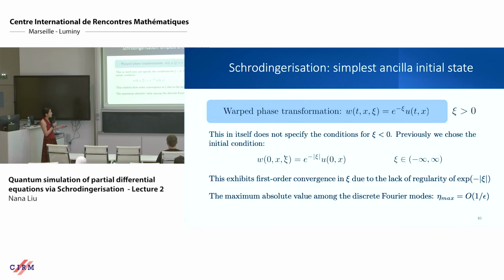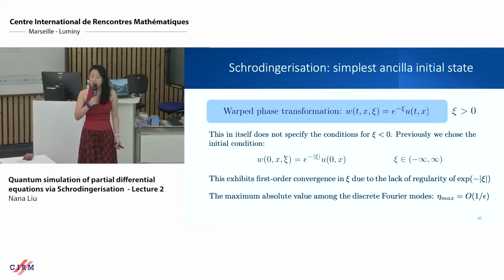Since this is a regularity problem, when we do the Fourier transform, because remember we have to do Fourier transforms and inverse Fourier transforms, the maximum value among the discrete Fourier modes scales as 1 over epsilon, where 1 over epsilon is the precision to which you can discretize your initial state.